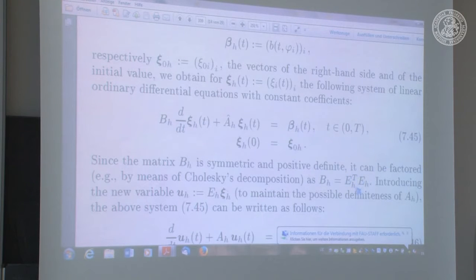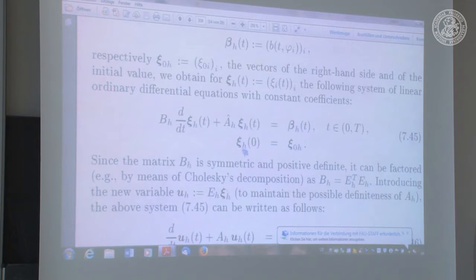Having such a decomposition, we can first of all transform the variables. So now instead of xi, we use EH xi h, so we incorporate half of the BH into the unknown. To have the right unknown here, EH to the -1 has to appear.